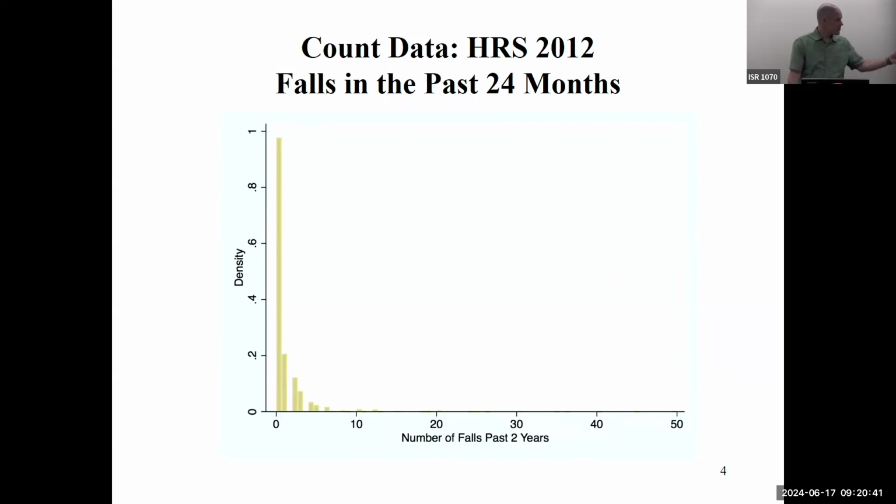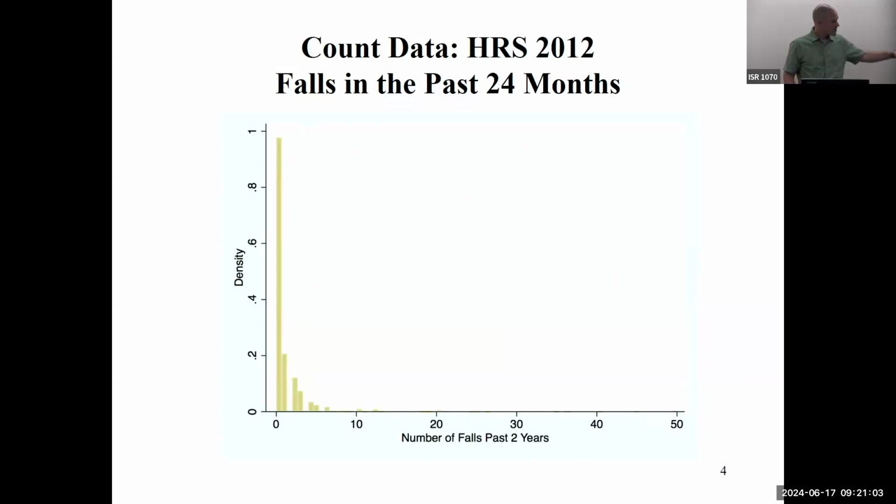And this weighted distribution shows something that you often see with rare events that are measured in surveys, a large number of zeros and ones, and then the distribution kind of fades out after that. Okay, so that has implications for what types of regression models we choose for these types of count data. But again, this is a weighted distribution, okay, that shows the distribution of number of falls.